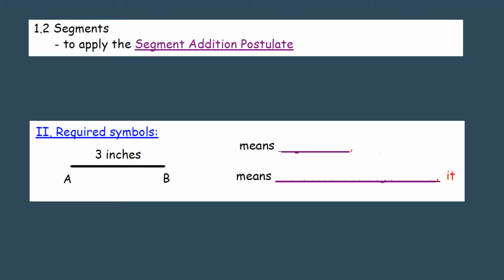Just to do a review, because this is from the previous lesson, our goal is to be able to apply the segment addition postulate. And I just wanted to review our symbols or our notation. If you intend to write segment AB, the actual stick item, you need to make sure that you have a stick in your symbol.